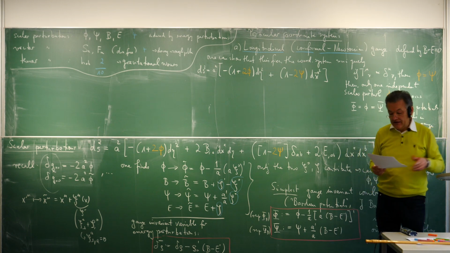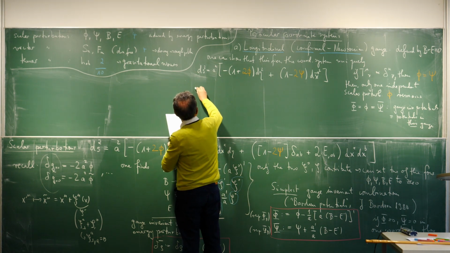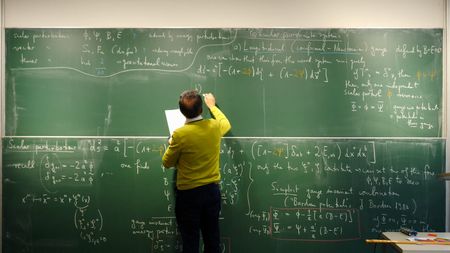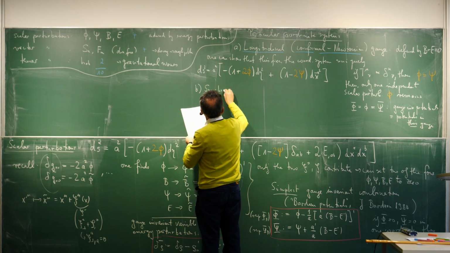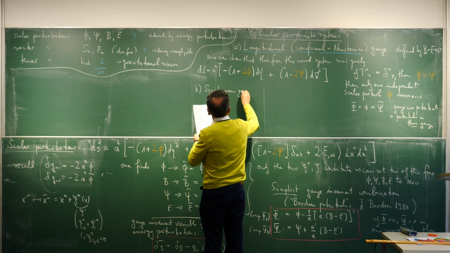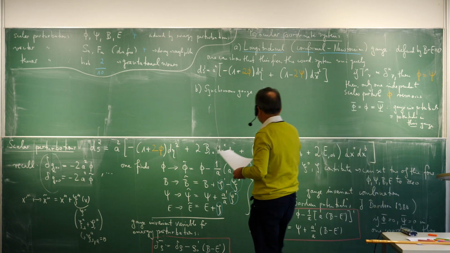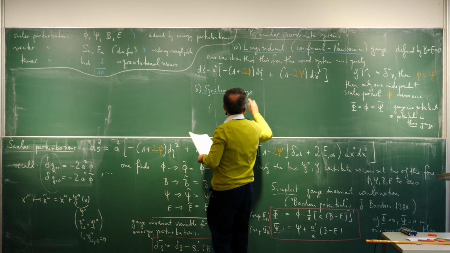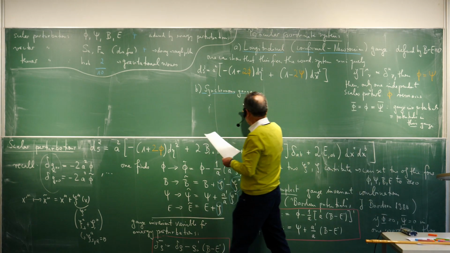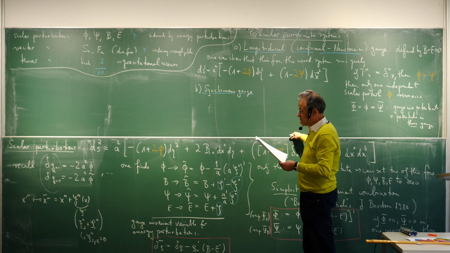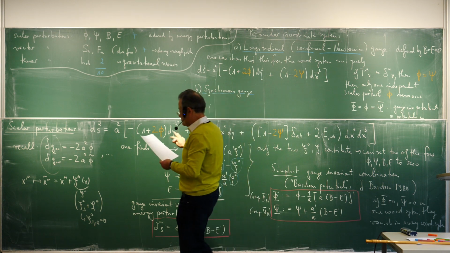This is one of the two popular gauges. Actually, the most widely used one is not even that, but the so-called synchronous gauge. Synchronous means that it's a gauge such that dt is directly proportional to the proper time.